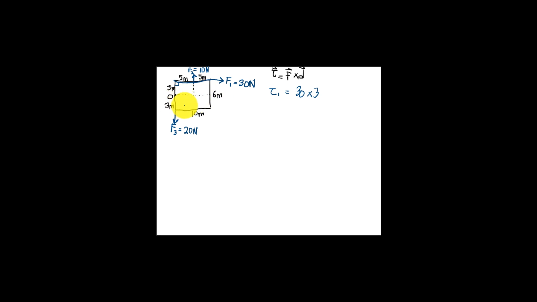Imagine you have a rectangular paper. You hold the paper onto the table at this point, and at the end of the paper, at this point, you pull it to the right. So the paper will move, right? How is the motion of the paper? It will move clockwise.